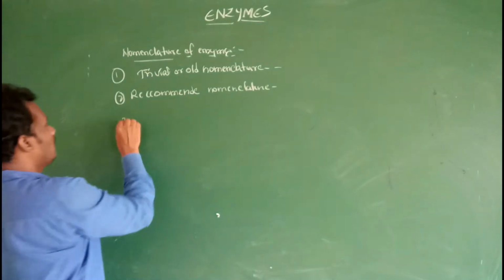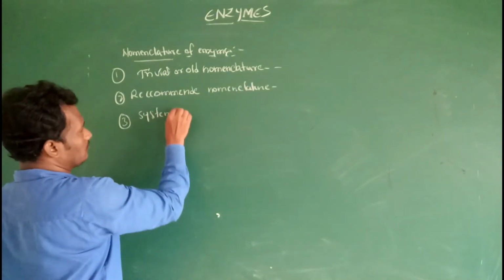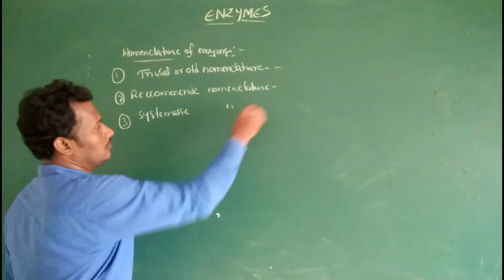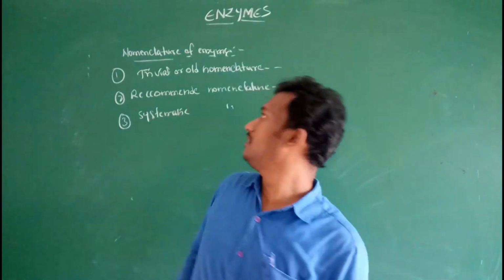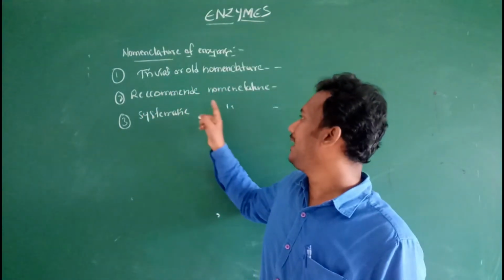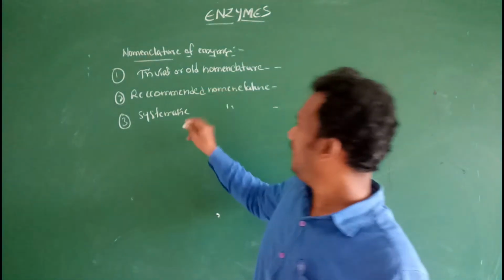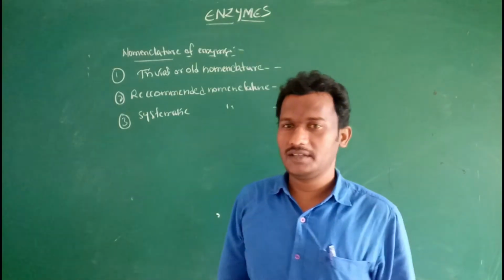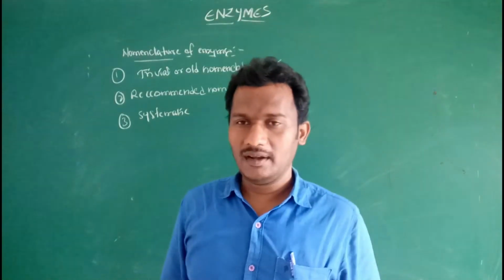Then third one, systematic nomenclature. So names are provided to enzymes by three methods: first, trivial or old nomenclature, then recommended nomenclature, then systematic nomenclature. So first one, coming to trivial old nomenclature.